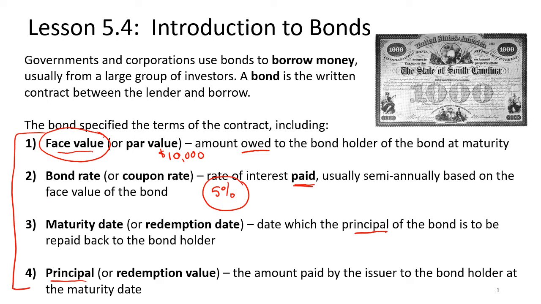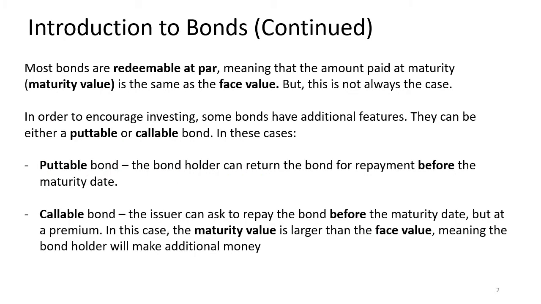The maturity date is when the bond comes due, in other words, when it has to be paid back to you, and the principal is how much you were actually paid back. I repeated the 4 of them just to give you some examples, but remember, this is a very important set of terms that you're going to need to know when we start going into some questions.